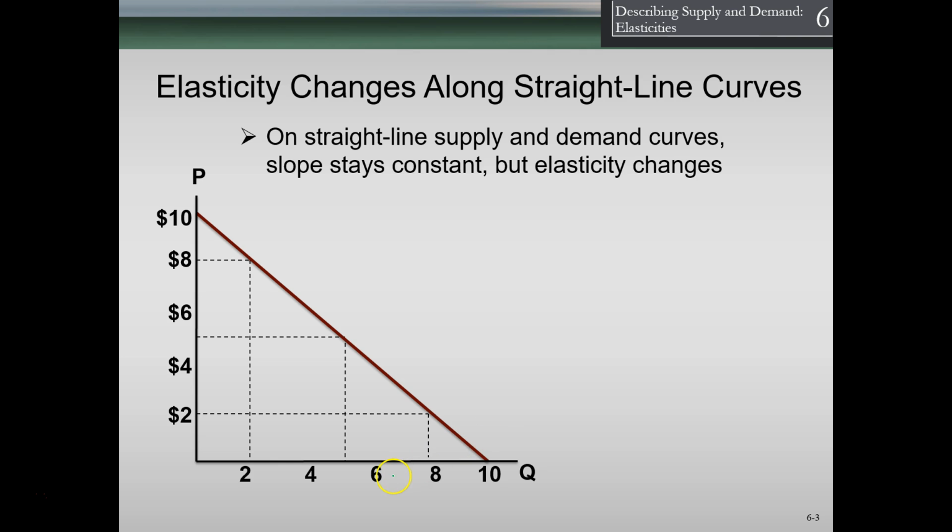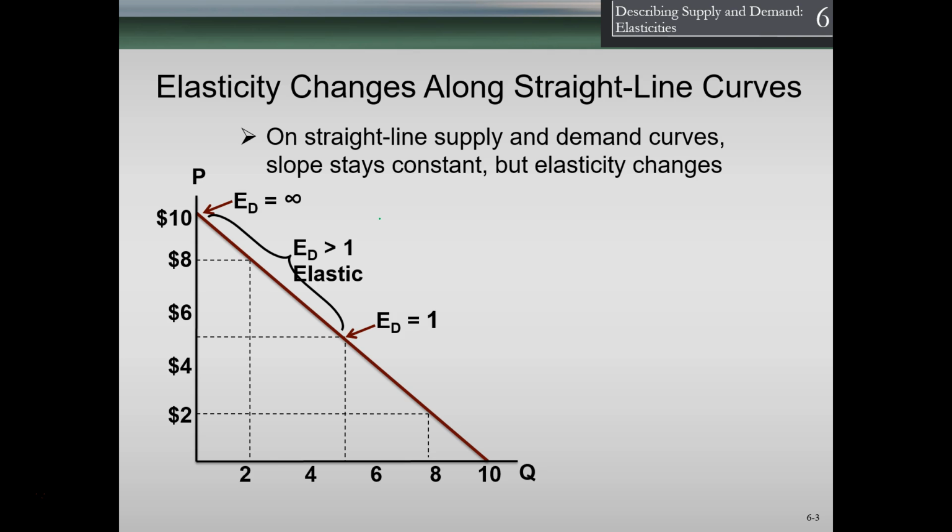If we calculate the slope of a line, we know that the slope is constant. However, the elasticity, the way we calculate it, is a percentage change, so it is actually going to change along the line. If we start up here and do our elasticity calculation, in this section the elasticity of demand would be greater than 1, meaning it would be elastic at this point.